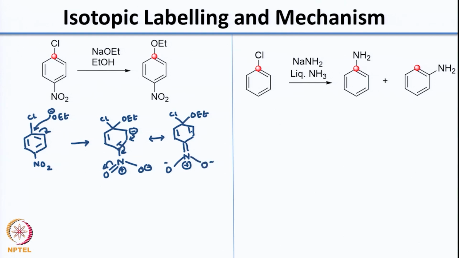So you have this additional stabilization because of the nitro group. That is why this reaction goes via direct nucleophilic attack at the labeled position. So your labeled position here is this carbon.